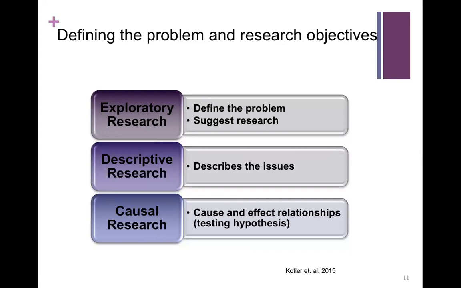And causal research, normally we try to develop a theory, testing the hypothesis. Therefore, we normally use statistical tools to help us test the hypothesis. In causal research, we normally use experimental studies, where we develop hypothesis statements from a statistical perspective, such as H0 and HA, and we test them using the statistical tools.